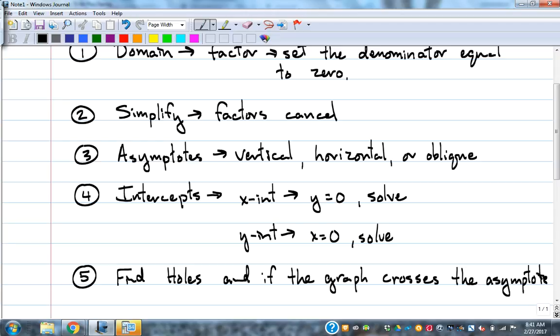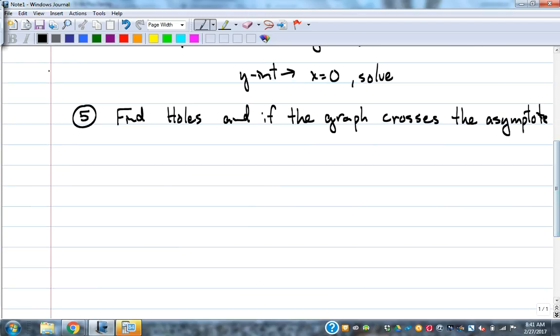Holes occur from the simplifying. If we simplify a factor, remember, it was also part of the domain. So let's make this example A and start our process. f of x is equal to x squared minus 4, and then the bottom part factored as x minus 2 and x plus 7.